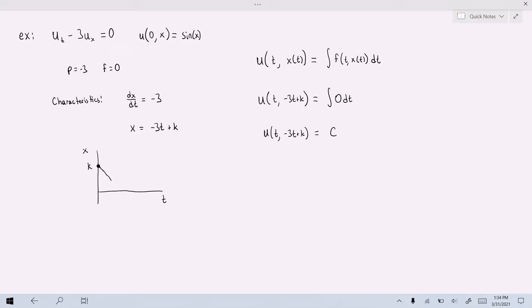All right. Now, at the moment, this maybe doesn't look very satisfactory because ideally, what we'd want to do is find an expression for u at any point t, x in the tx plane.